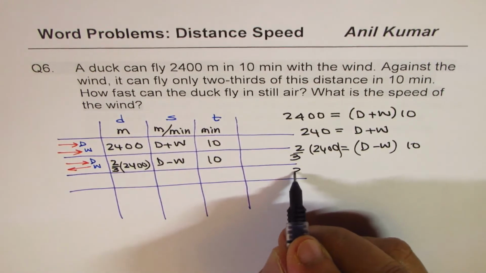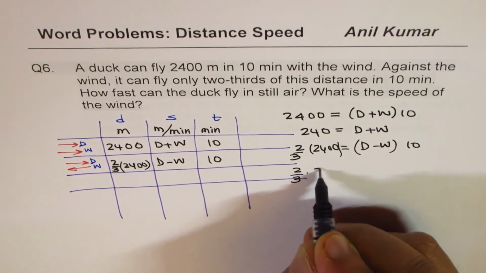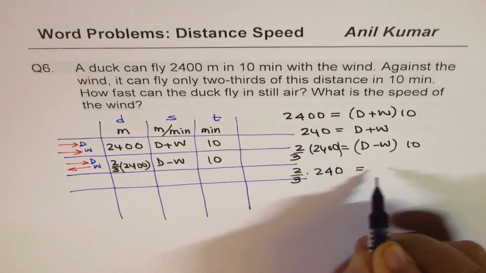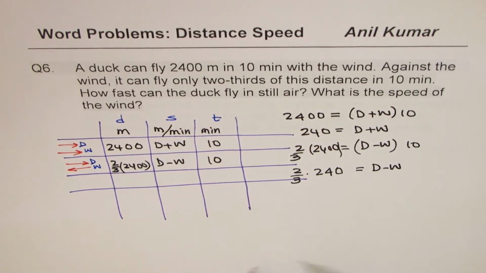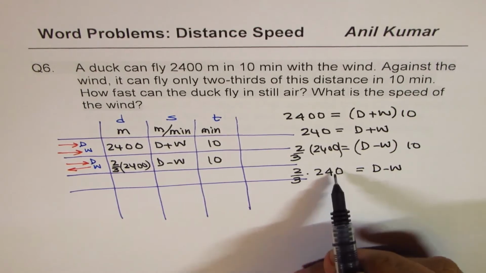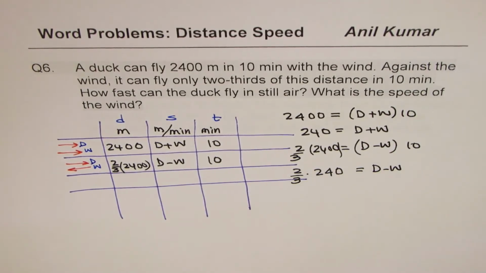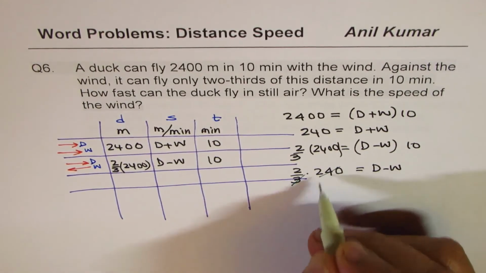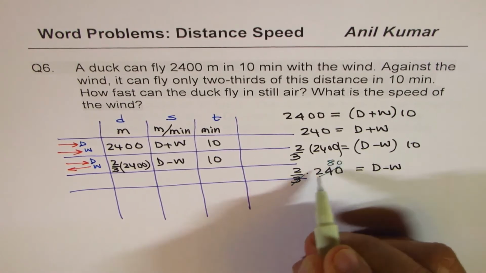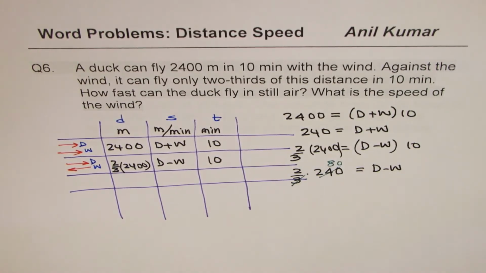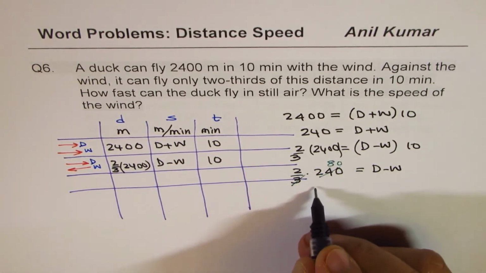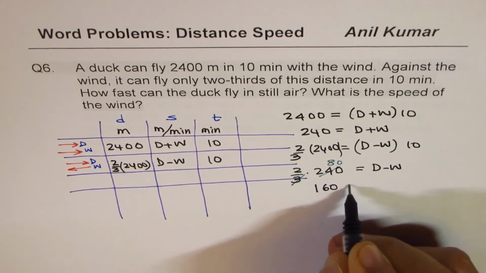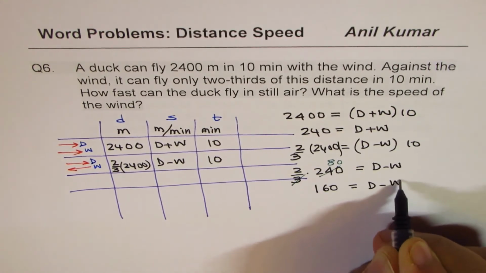Divide by 10. So we get 2/3 of 240 equals d minus w, right? So you can simplify this. When you divide by 3, what do you get? 3 goes 8 times, 80. So now you can multiply by 2 and you get 160 equals d minus w.